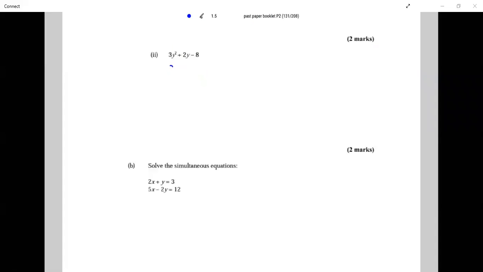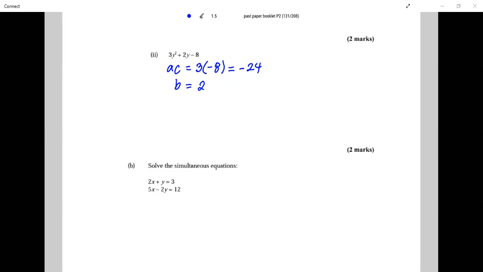A times C is 3 times minus 8, which is minus 24. B is 2. I need two numbers. When I multiply them together, I get negative 24. When I add the same two numbers together, I get a positive 2.